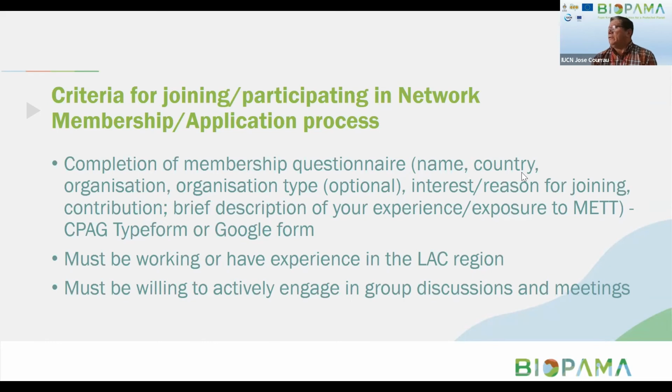Hyacinth, one thing on the information of the network members, I think in the form we should ask if people are in agreement of sharing their information in the network, and if they click on that box, then we can periodically, once or twice a year, report membership with contact information.